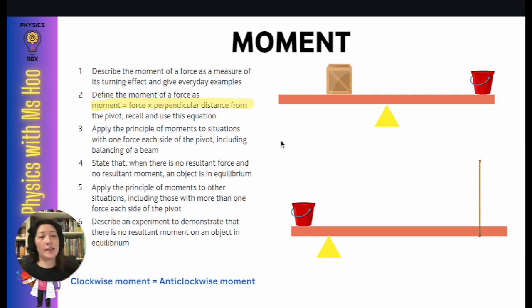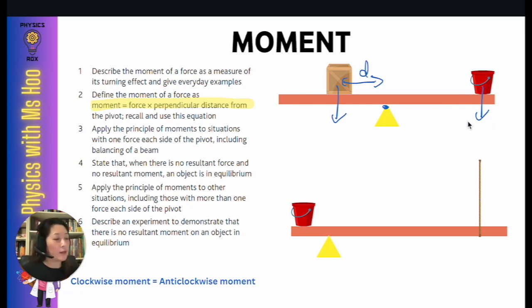So if we were to look at the diagram on the top here, we have two objects placed on either side of a pivot. So we have the weight pulling down. And because the yellow triangle here is the pivot, you'll find that the box will create an anti-clockwise moment while the bucket will create a clockwise moment. If the beam was balanced, then the anti-clockwise moment by the box must be equal to the clockwise moment caused by the bucket.